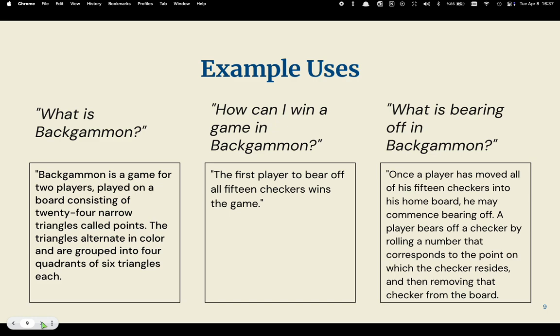Instead, it gave a related answer that it found in the chunks, but it wasn't an answer that I was looking for directly. So it obviously has some limitations and hiccups that need to be fixed. So yeah, this was my capstone project, a backgammon assistant, and that was how I went through building it.